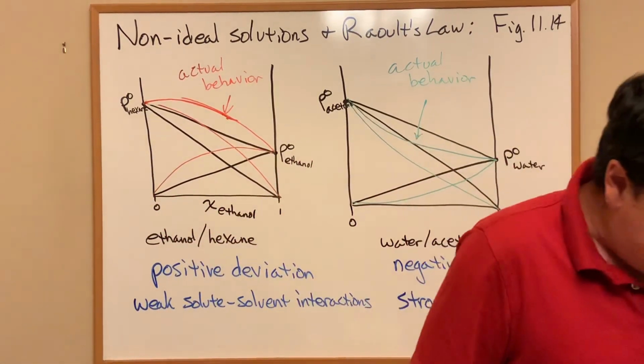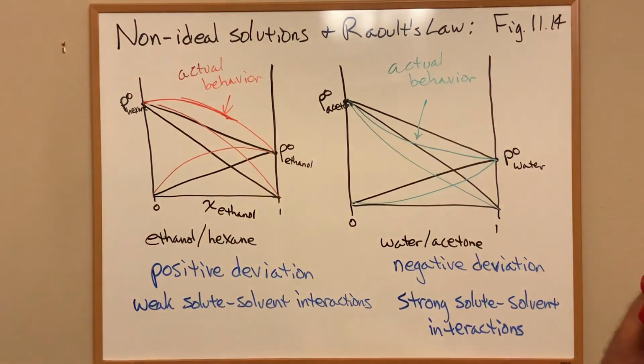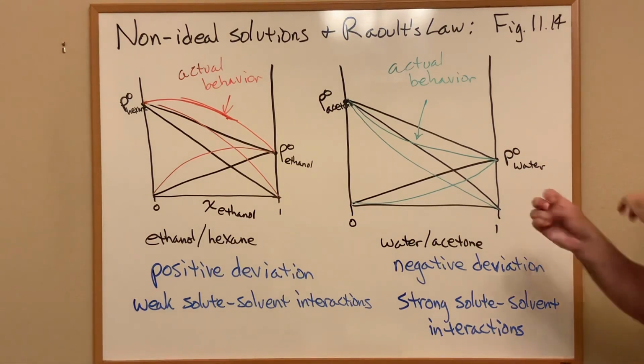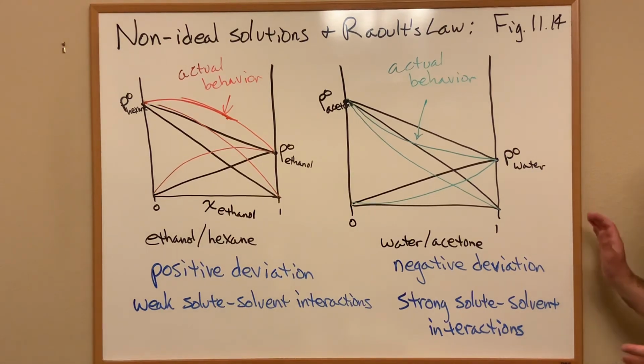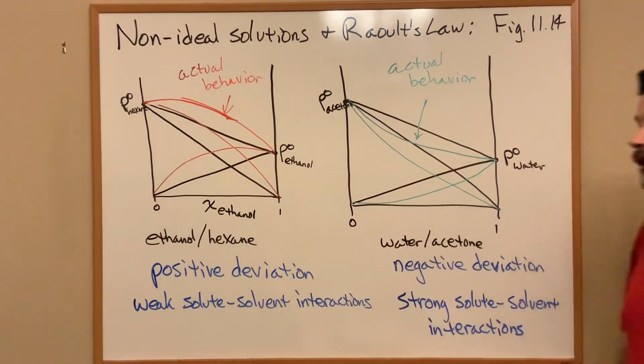We get the ideal situations in things like, let's say, a mixture of benzene and hexane, or benzene and toluene, which are very similar. So if all of the interactions are about the same, then you'll have an ideal solution. If they aren't, then you'll have positive or negative deviations.